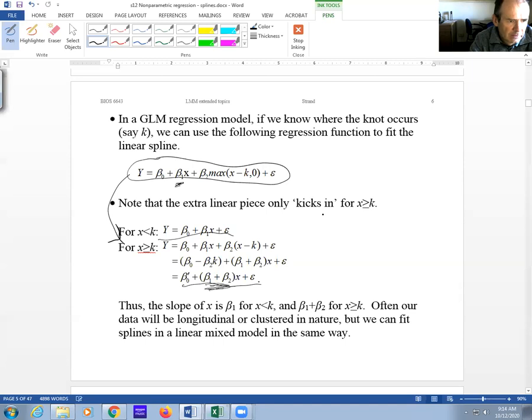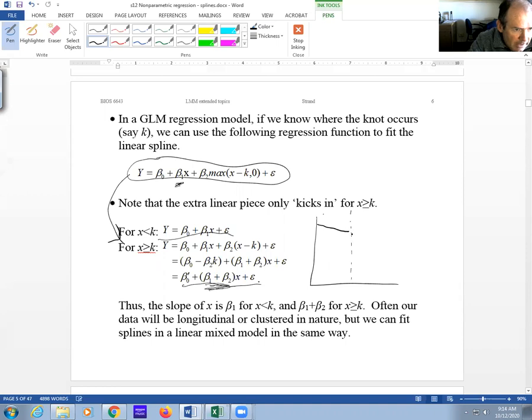So if you draw this out, say we have a line coming down here. Okay, let's see if that one stays. And then let's say our knot's here.